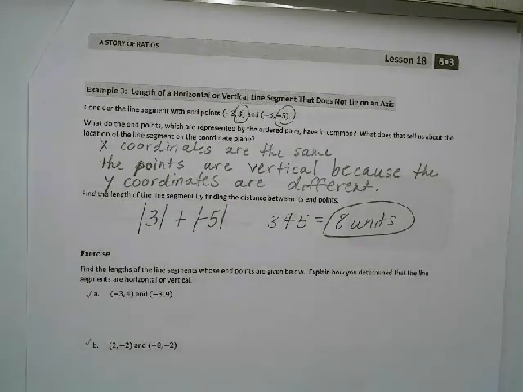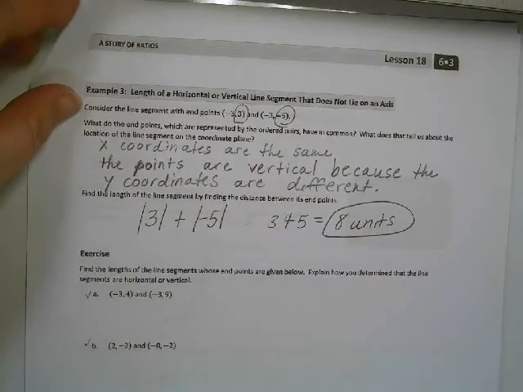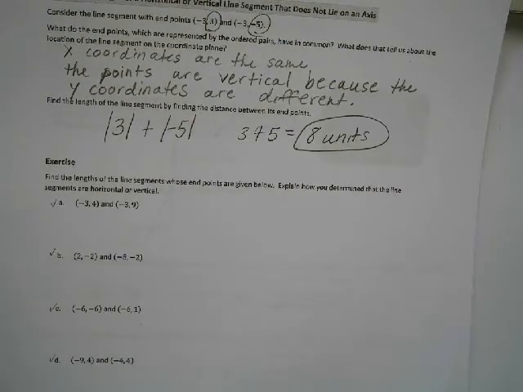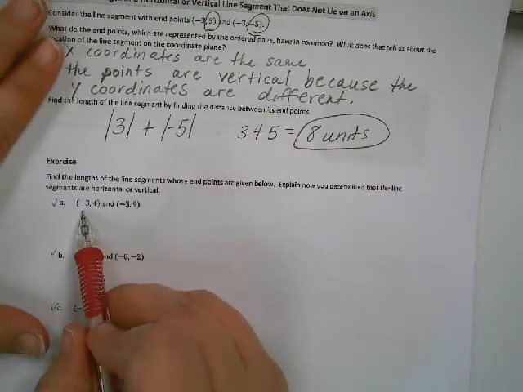So now we're going to go on into the exercises, and we're going to work through a couple, and then I'm going to give you today's assignment. So in exercise A, it says find the length of the line segments and then explain if they are vertical or horizontal. So I look at my first ones.